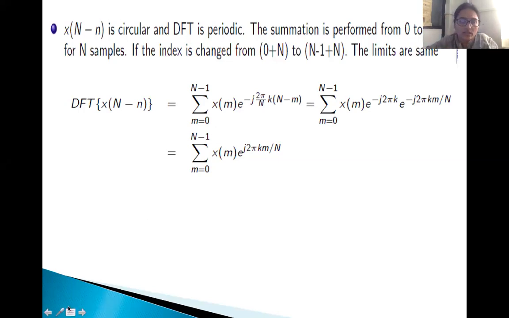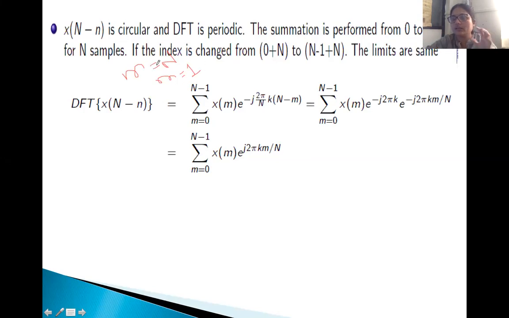So here the index, earlier it was m equal to N and m equal to 1, meaning the total number of values represented by m is the total number of n values.